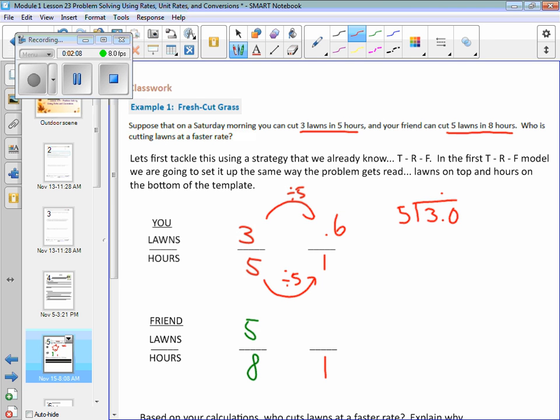Now do the friend. Our multiplication factor now is going to be dividing by 8. I'll ask you the same question. Who's in? Who's out? Jay, I'll go back to you again. Yeah, 8 is out.